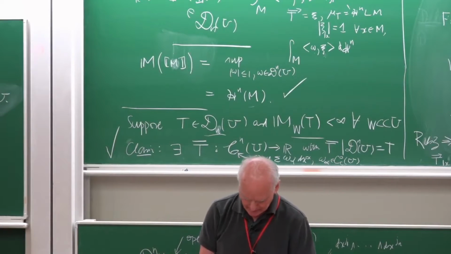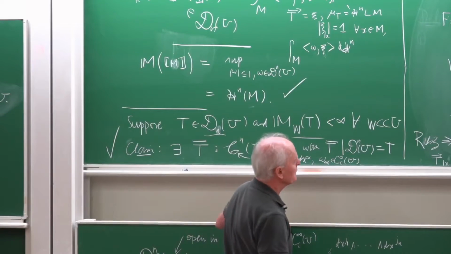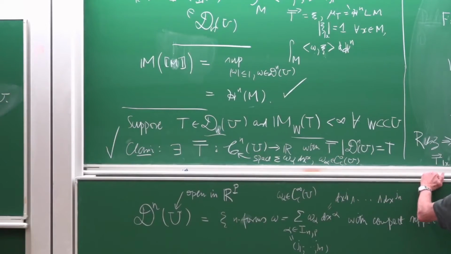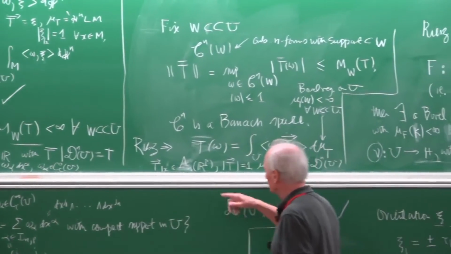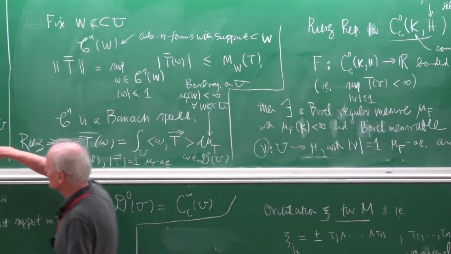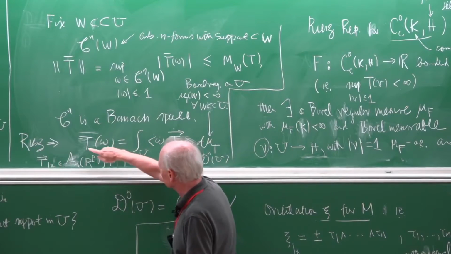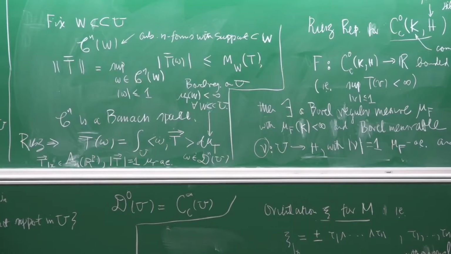Okay, so another couple of definitions. Once we've got this, then for currents of this type, in other words, for currents satisfying this, there's an operation called restriction.